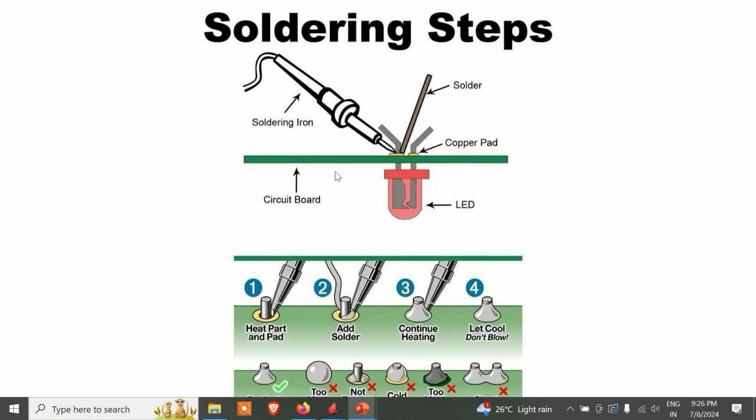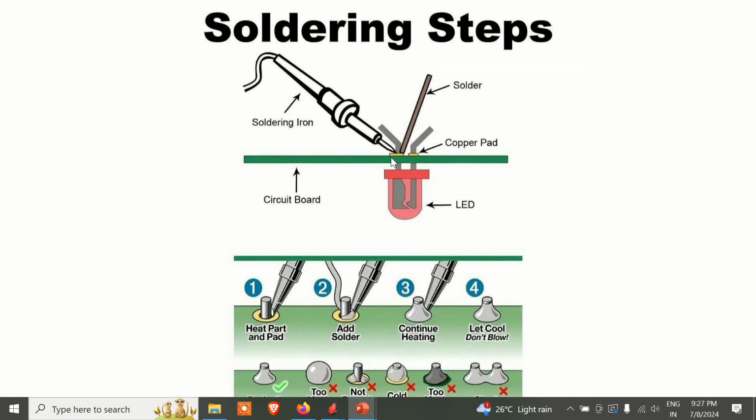Do not put the solder on the gun tip and paste it here. We are not doing any pasting job, we are actually soldering. Soldering means both the gun and the solder wire should be placed on the copper pad.